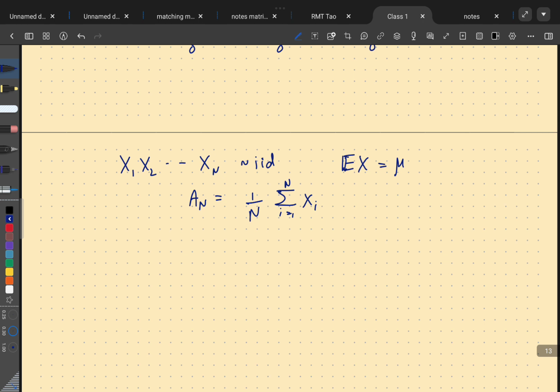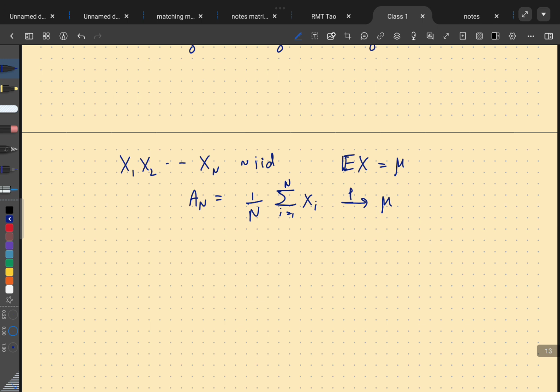What you've already seen in a basic probability course is that as n tends to infinity, this tends to the half in the case of the coin tossing experiment, but in general it's going to converge to the mean mu. So the weak law of large numbers basically tells you that an converges to mu in probability.